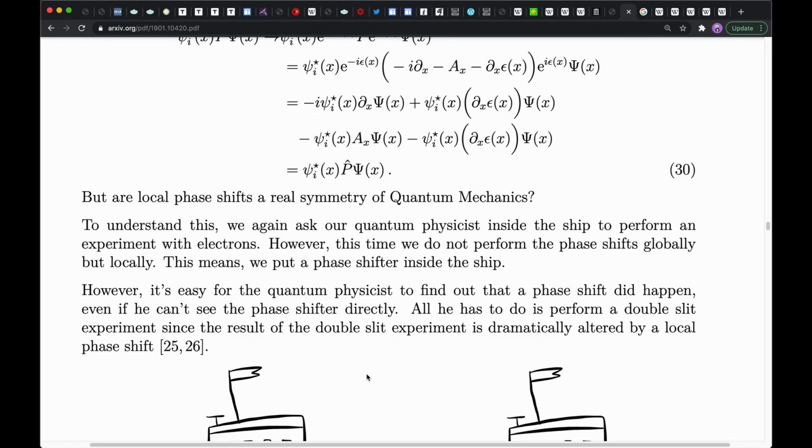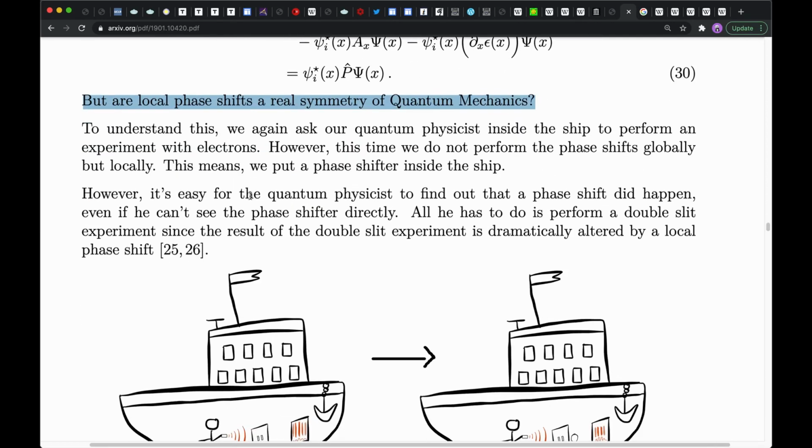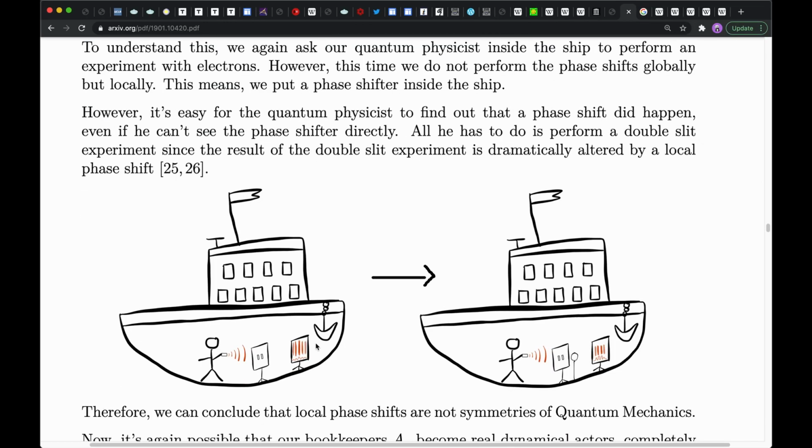Yeah, but now he asks whether those local phase shifts are a real symmetry of quantum mechanics or not. And to understand this, we should use the same real-world analogy of the physicist in the boat. In the first situation on the left, we have a non-modified wave function, and we perform the double slit experiment in which we have an interference pattern on the screen.